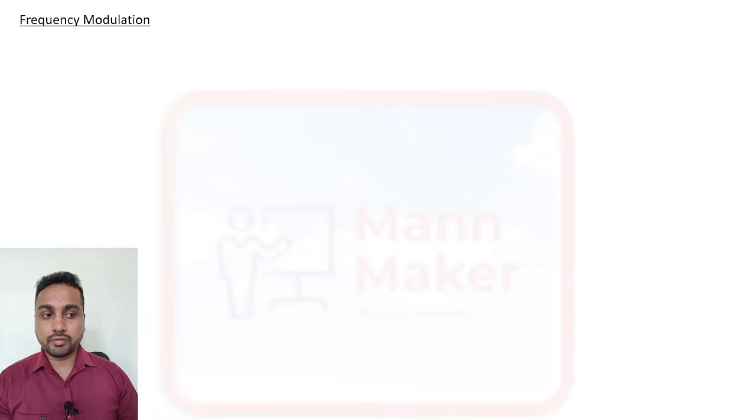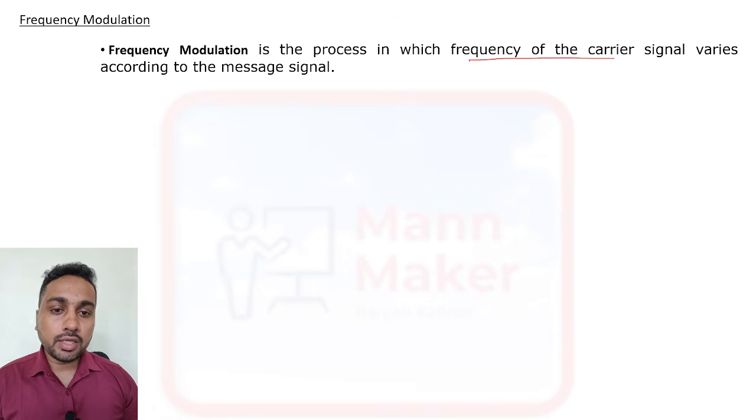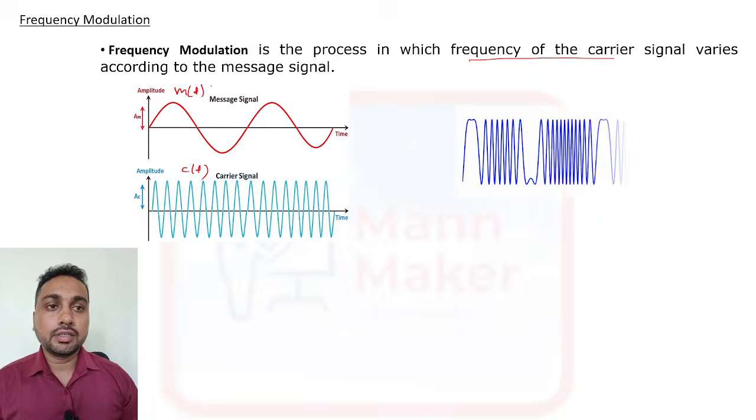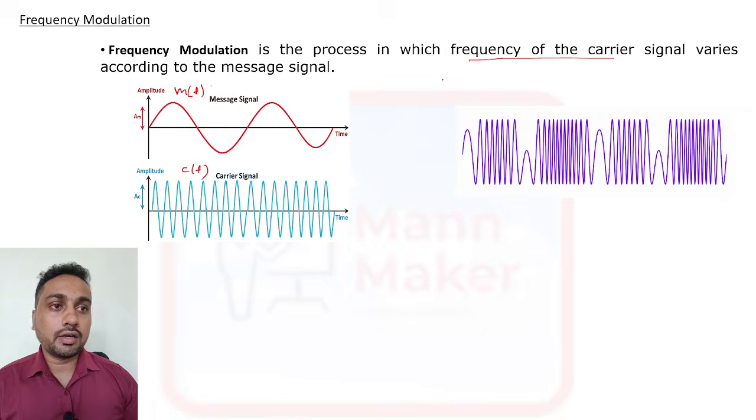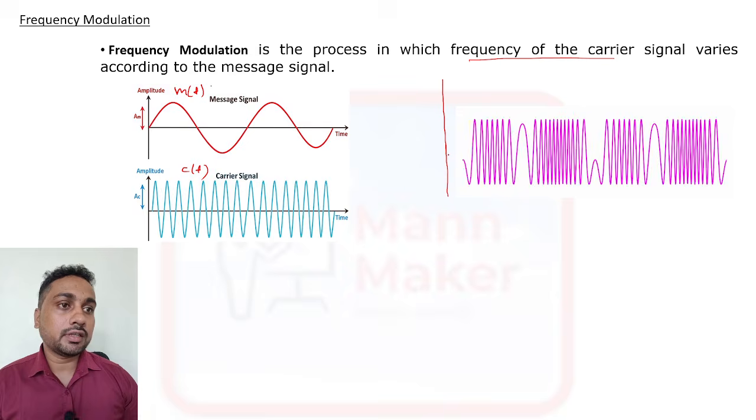Now we'll talk about frequency modulation. I told you that in frequency modulation the frequency of the carrier signal varies according to the message signal. So here also we have one message signal and one carrier signal. After superimposing, we get the FM modulation, like this.